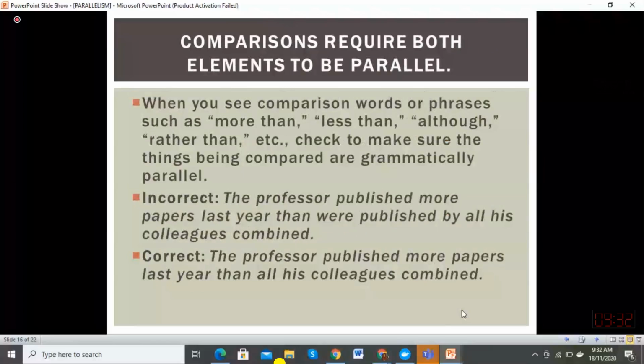When you see comparison words or phrases such as more than, less than, although, rather than, check to make sure that the things being compared are grammatically parallel. For instance, the professor published more papers last year than were published by all his colleagues combined. The professor published more papers last year than all his colleagues combined. So you can use comparative conjunctions or parallel words or phrases to make your structure more parallel.